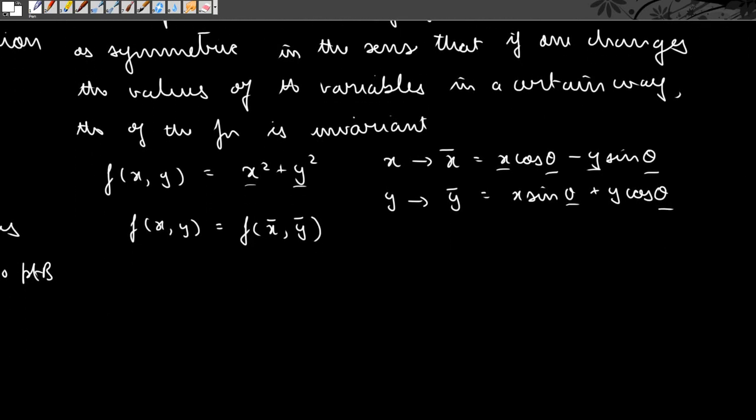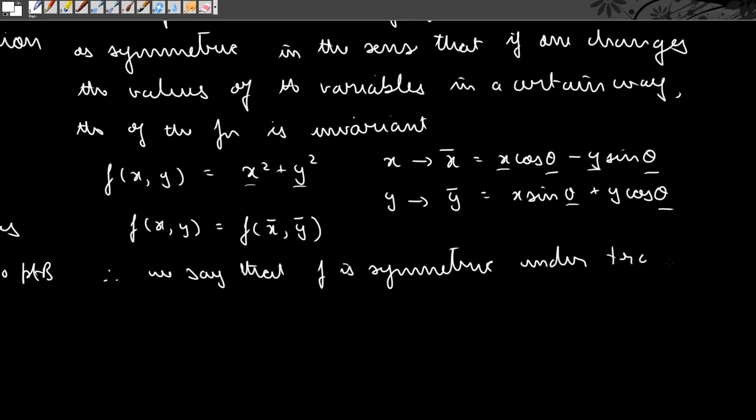Okay, and this is the more abstract formulation of the same thing that we have seen. Therefore we say that f is symmetric under the transformation x y to x bar y bar.